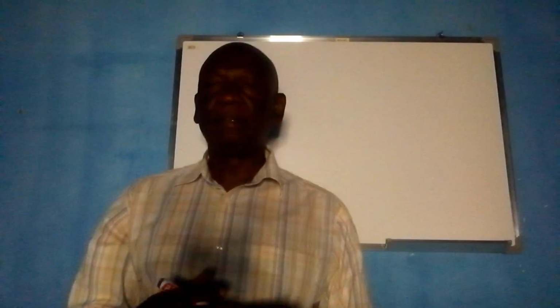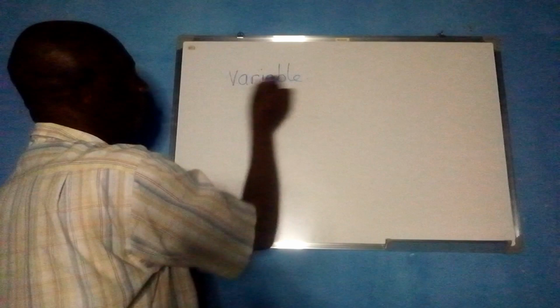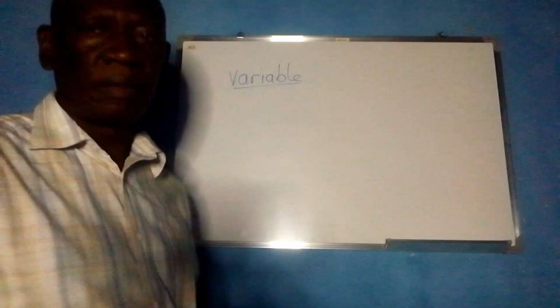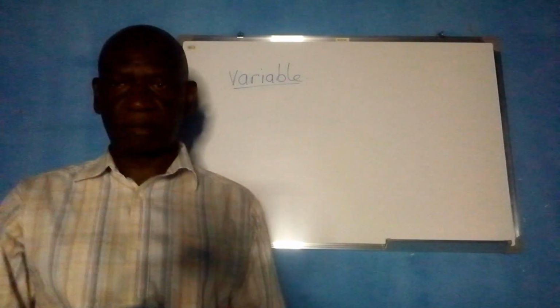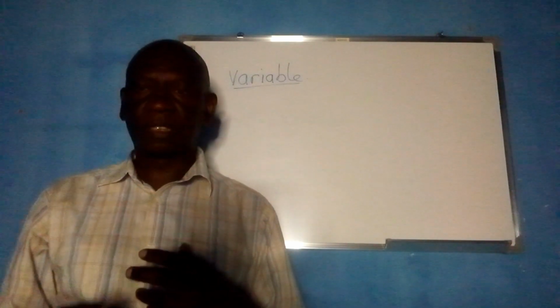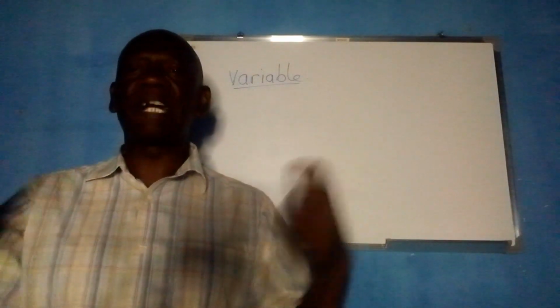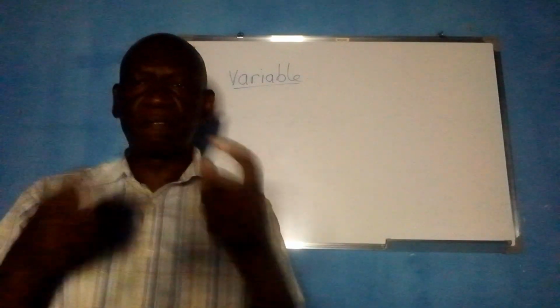So in algebra, the letter that we have used has a special name, and it is called a variable. Variable from the word vary, because it is something that will contain different values.